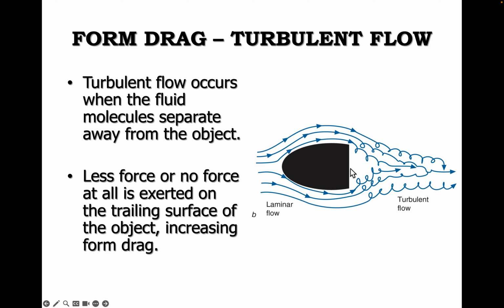When this happens, they become very disoriented, very chaotic. This creates a lot of commotion in the back. And this means these air molecules are not able to assist with the forward movement at all, because there's no object for them to bounce off of. What this does is increase form drag.